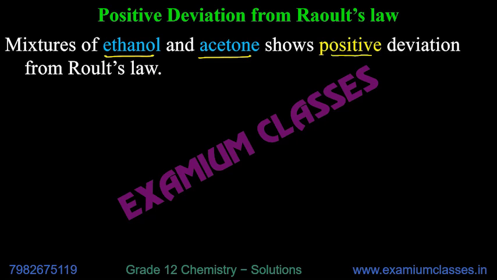All these examples should be on your fingertips, whatever we talked about in case of ideal solutions. Now I am talking about positive deviation, then I will talk about negative deviation, then azeotropes. The examples are very important. So ethanol and acetone show positive deviation from Raoult's law.